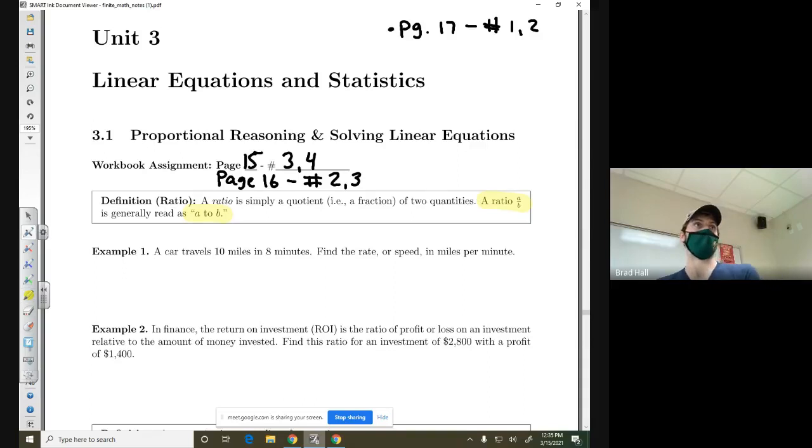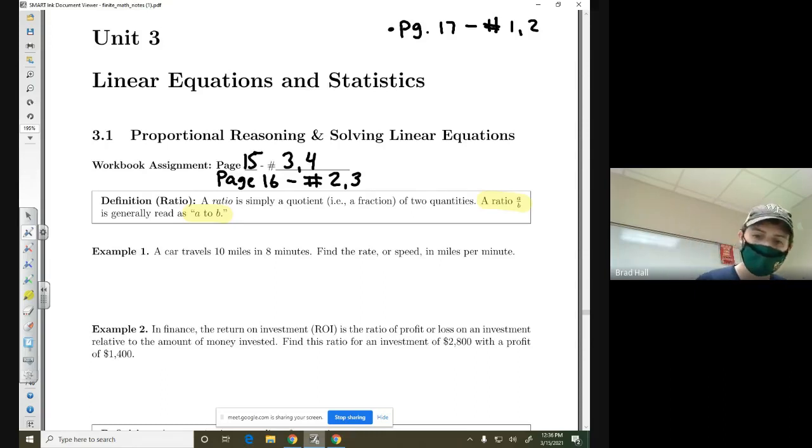A half a cup of sugar, we use this for quantities when measuring, maybe for ingredients, and for proportions later on that we'll see. It's a way of comparing two quantities together or associating them in a certain way. So here we have a car that travels 10 miles in 8 minutes. Find the rate or speed in miles per minute.